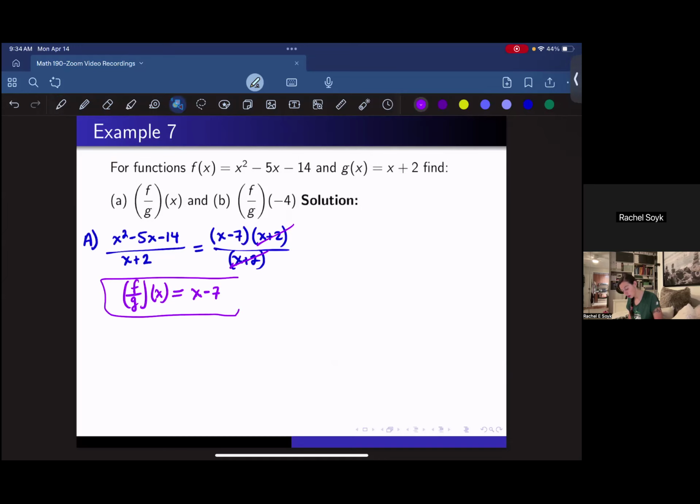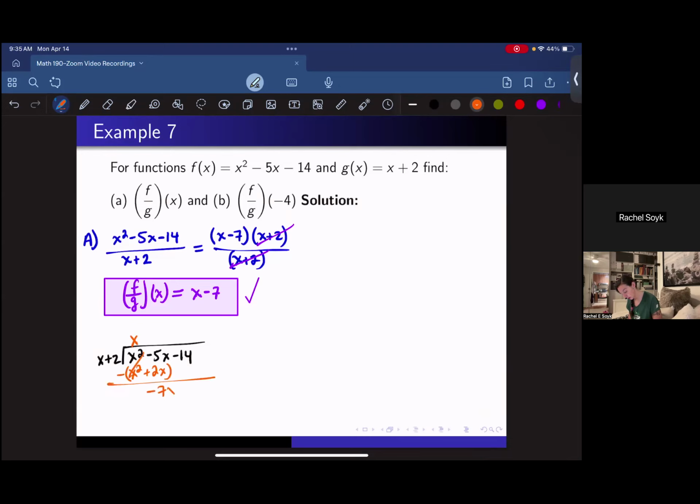Now, I'll use long division off on the bottom here. Feel free to fast forward this if you don't want to run through the whole process again. But just to convince you that our quotient is indeed x minus 7. So we get x, and x squared plus 2x, that's being subtracted.